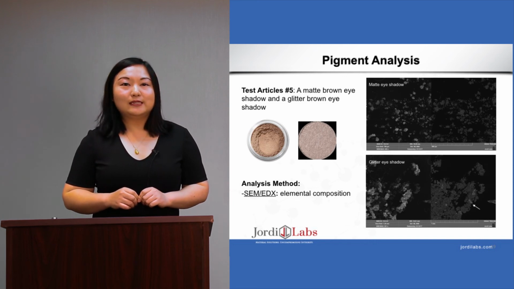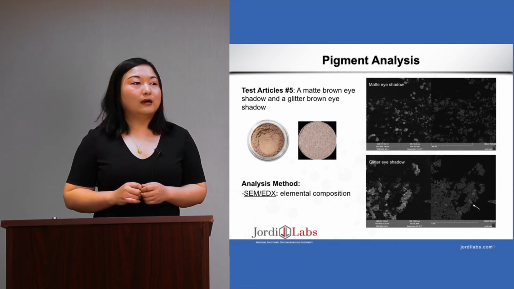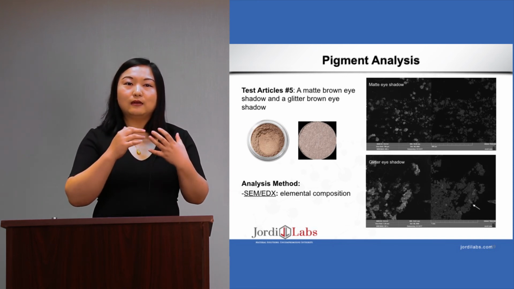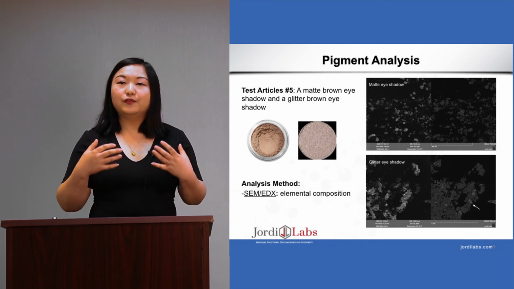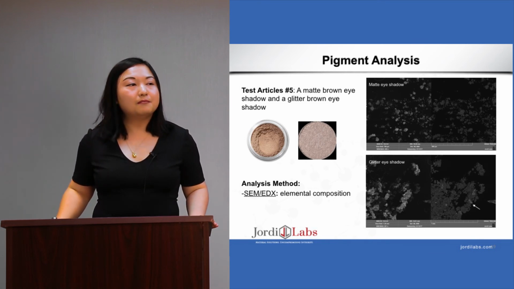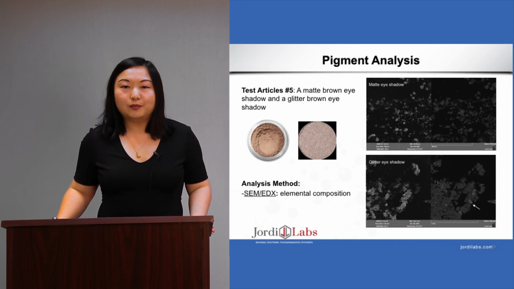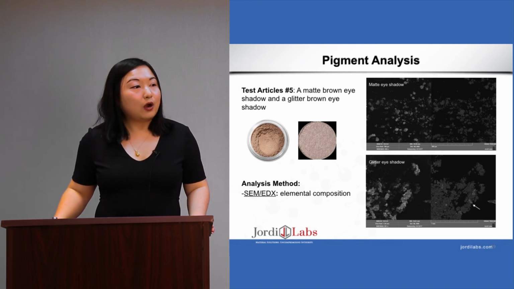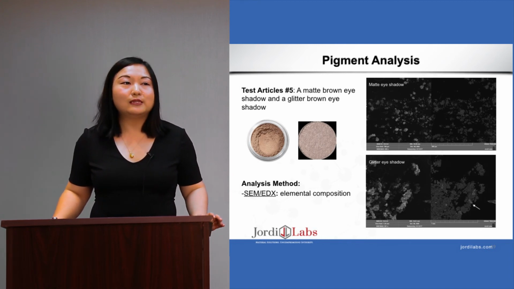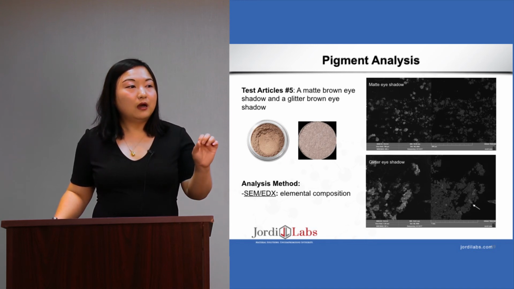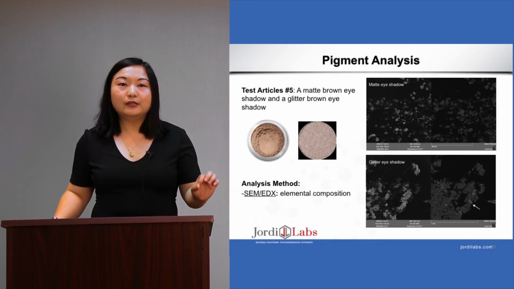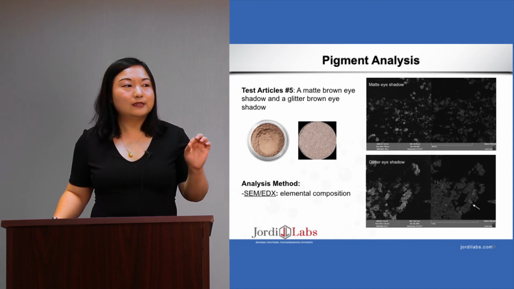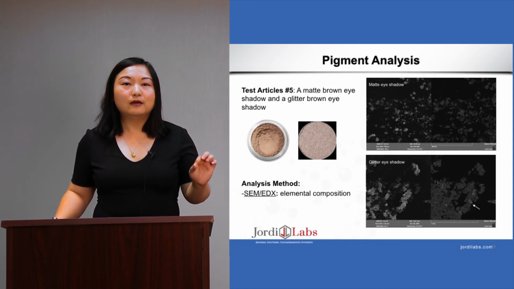What we did here is a SEM EDAX, where the EDAX analysis can give you the information on the composition of the product. Another powerful thing the EDAX can do is that you can pick the area of interest and then do the analysis on the certain area.